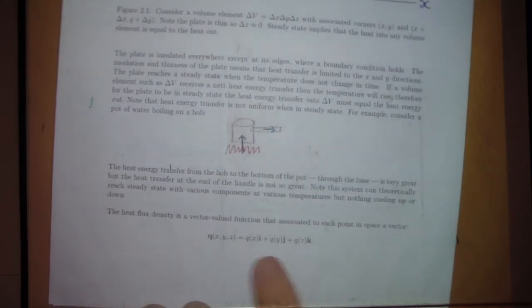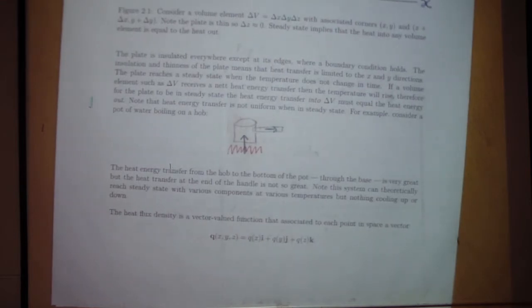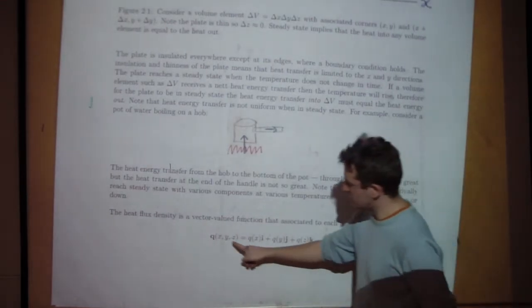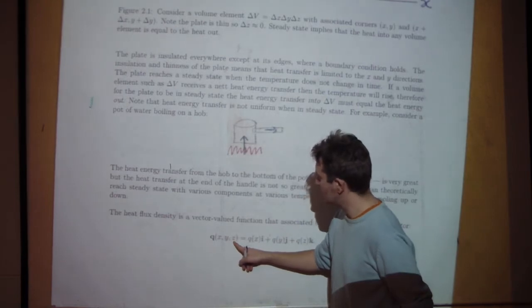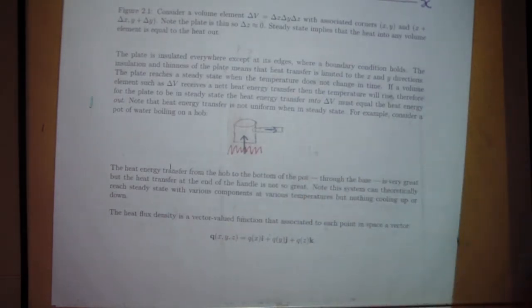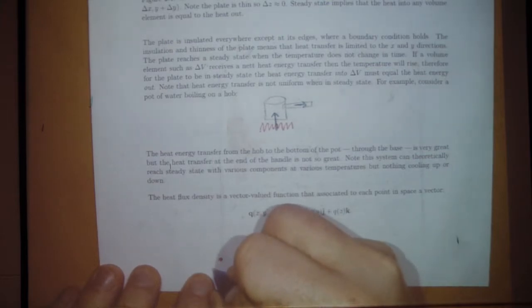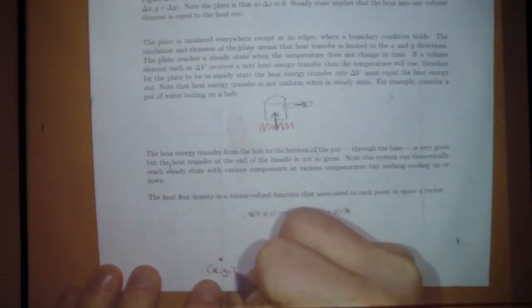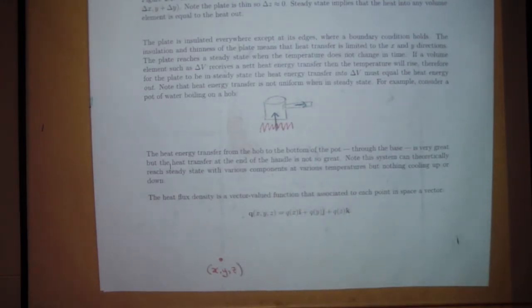So let's write down that this thing is actually a vector. Now, the notation is a bit confusing. So this is at a point. So I should be able to try to draw something below. So you've got a point x, y, z, and you've got a heat flux density vector at that point.